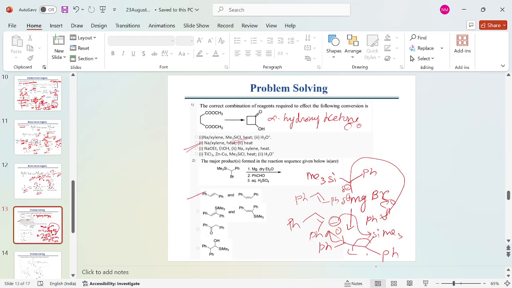So cis stilbene and trans stilbene will form in this reaction. The alkoxide reacts with the silyl group and leaves the silyl reagent.